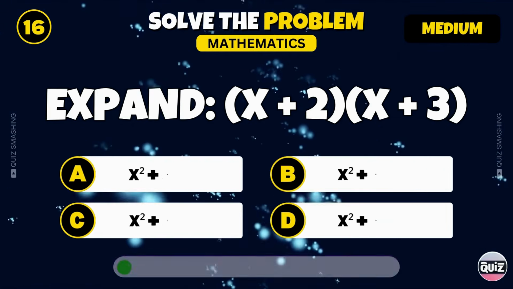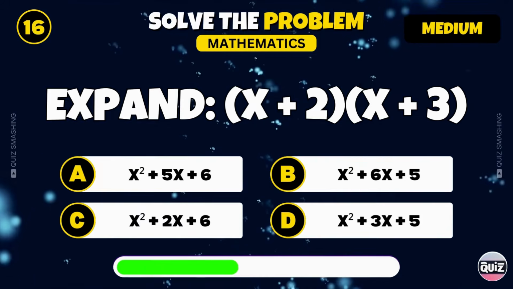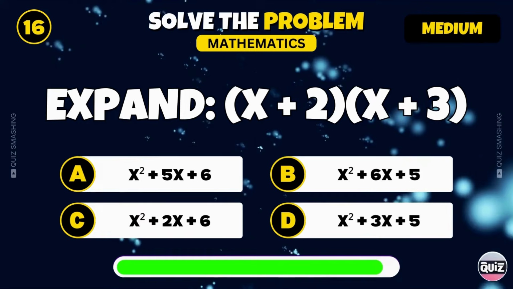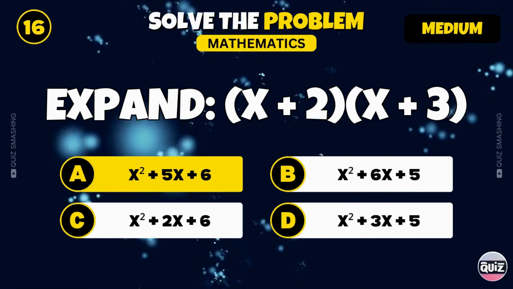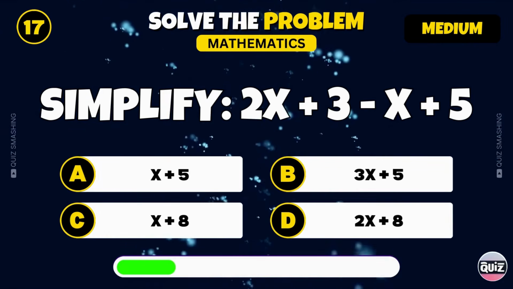Expand (x plus 2) times (x plus 3). Correct. It becomes x squared plus 5x plus 6. Simplify 2x plus 3 minus x plus 5.